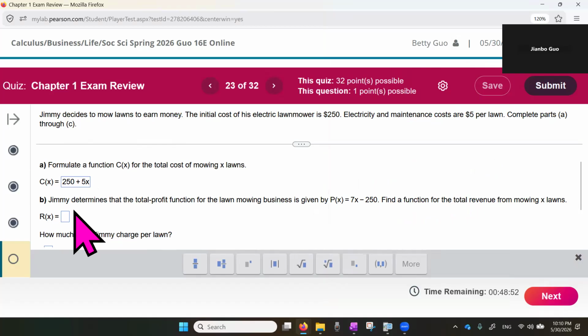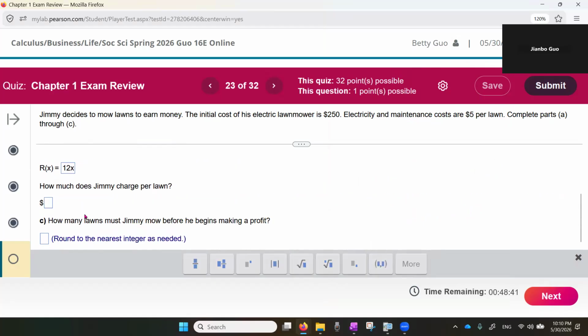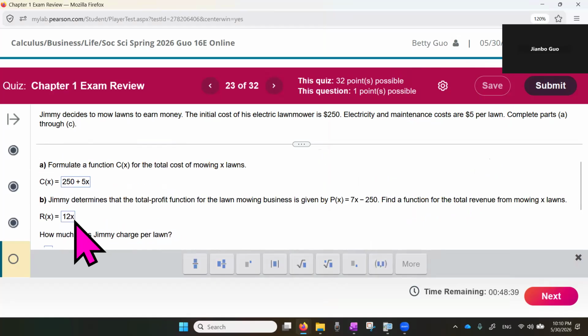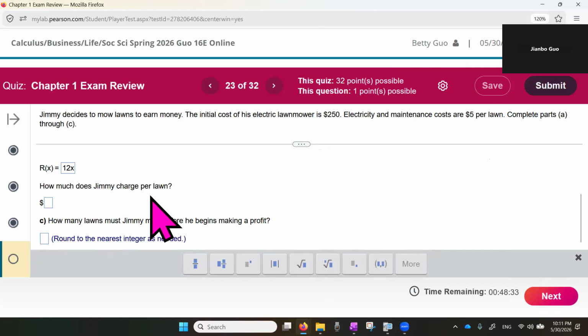5x, 7x, that is 12x. Negative 250, positive 250, cancel. So that's the revenue function. The revenue function actually tells you that every time you mow one lawn, you get $12. So how much does Jimmy charge per lawn? $12.